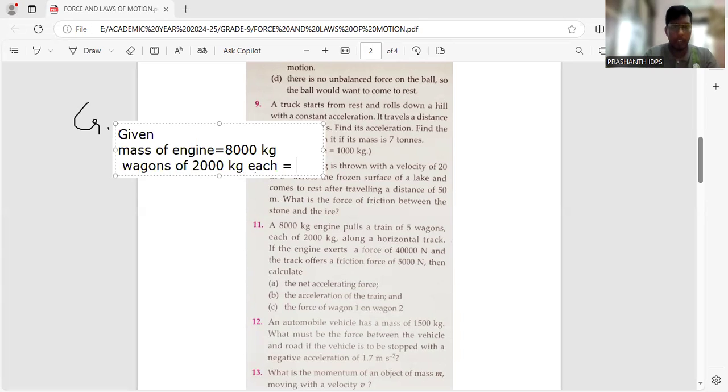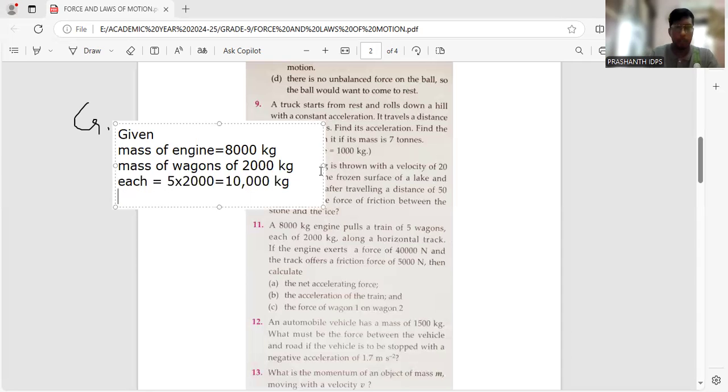So total, how many wagons are there? Five. So 5 into 2,000, which is equal to 10,000 kilograms, will be the mass of wagons. So here I write mass of wagons. This will be the second point. First one, mass of the engine. Second one, mass of the total five wagons.